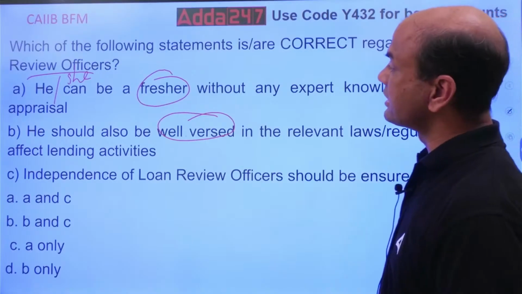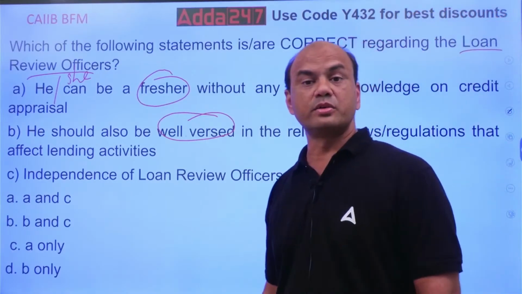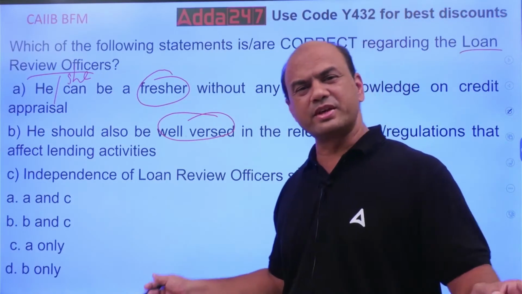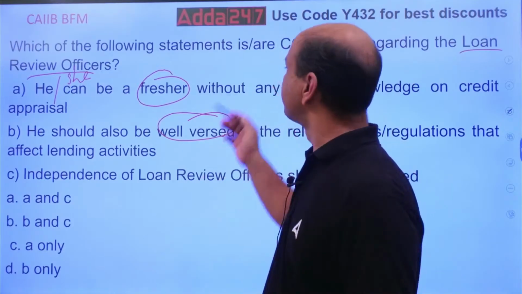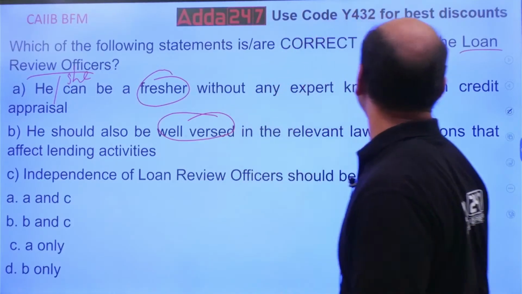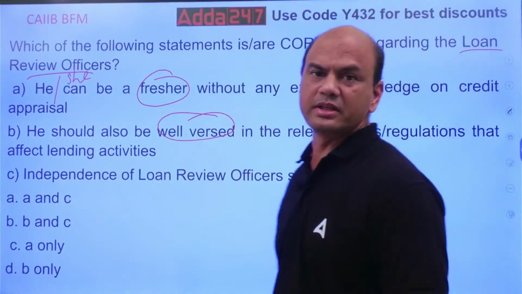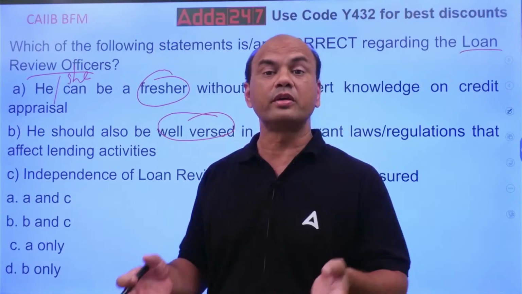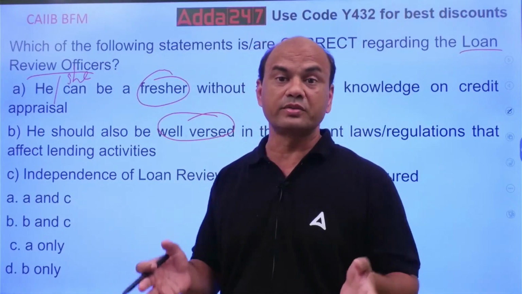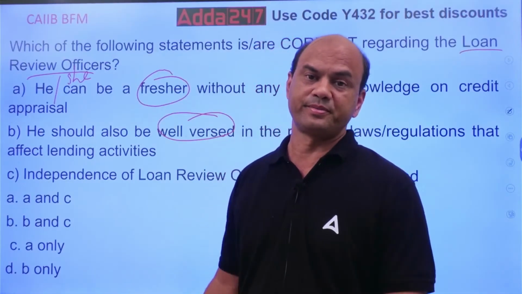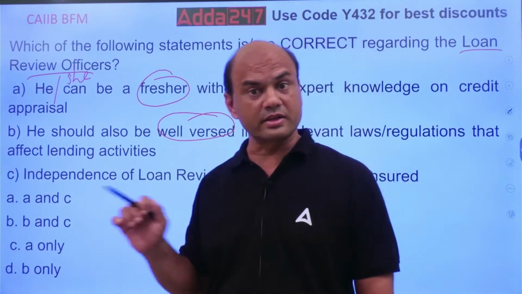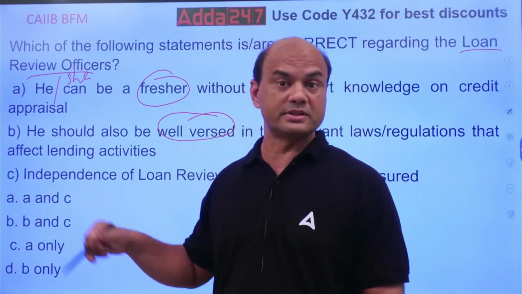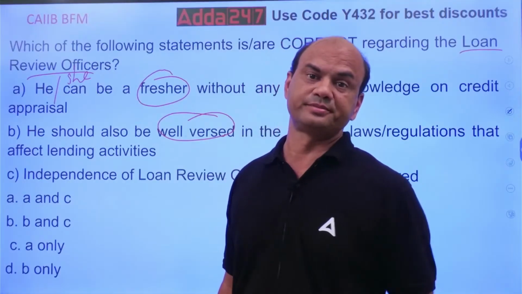So which one of them is correct? He or she should be a fresher. Can you put any fresher to go and do the loan review? What is a loan review officer? Loan review officer means basically you are reviewing not the customers, you are reviewing your process. It's an audit of the system and process. You are not auditing the loan customers, you are auditing the systems.